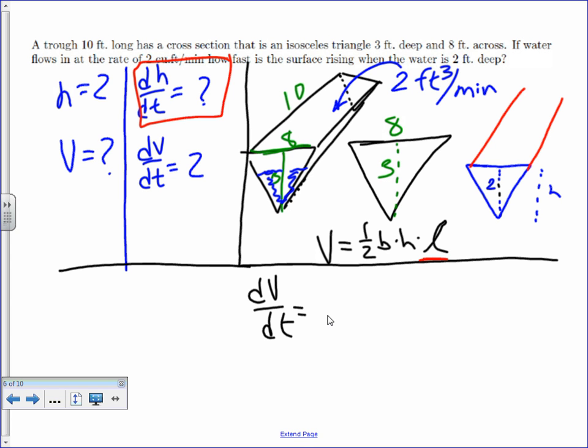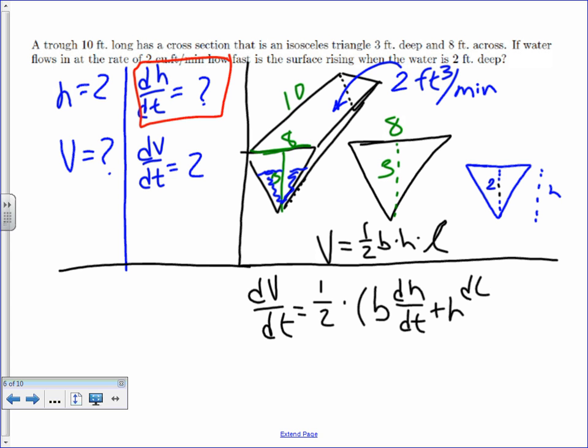Is that changing as the water fills up? No, it's not. So instead of going through the hassle of a triple product rule here, I'm going to be smart and plug in 5 for L. dH/dt plus H dB/dt times 5.